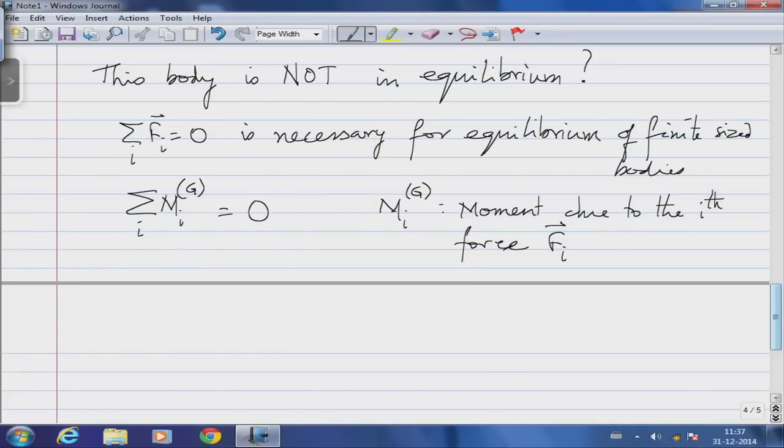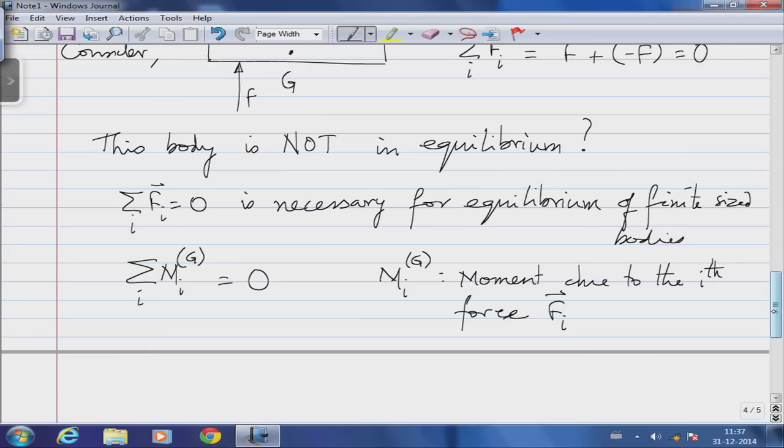Now, essentially for equilibrium, apart from the summation of the forces being equal to 0, we also have one more condition, that the summation of all the moments has to be 0, and only when both these conditions are satisfied is the body neither translating nor rotating. So, it remains in a state of rest or uniform motion when both these conditions are satisfied together.